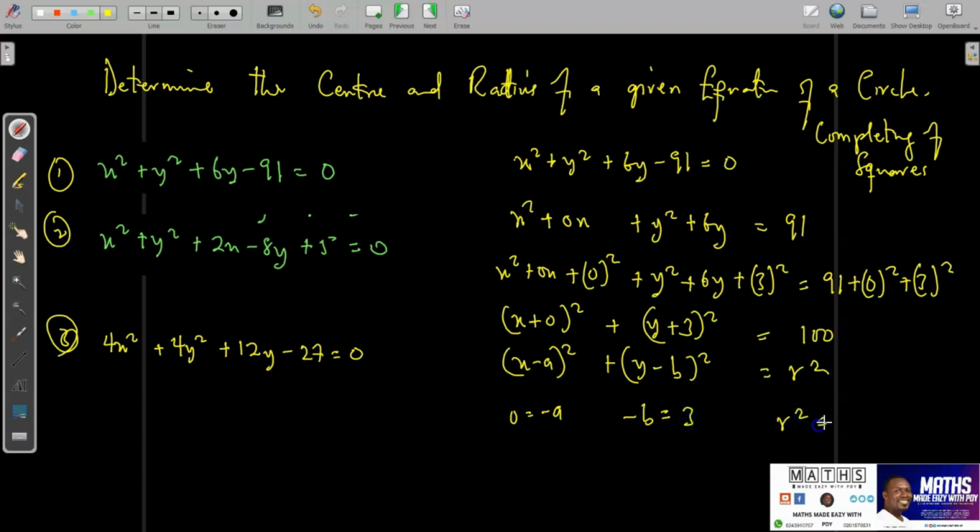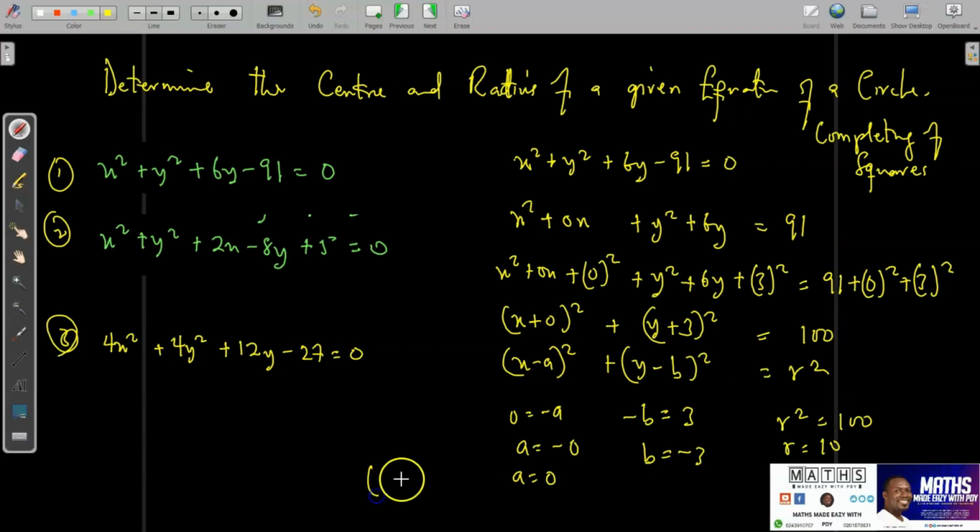R squared must be compared to 100. So finding a will be equal to negative 0, which is the same as 0 because we don't have a negative 0. Then b will be equal to, what's the answer for b? You divide both sides by negative 1, so you get negative 3. And getting the r value, r will be equal to the square root of 100, which is 10.